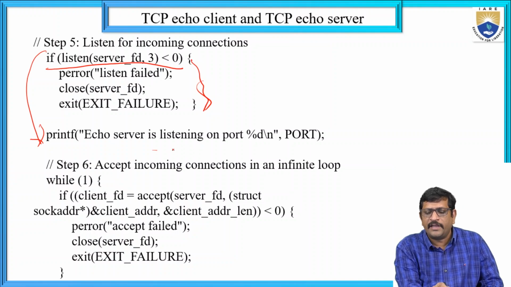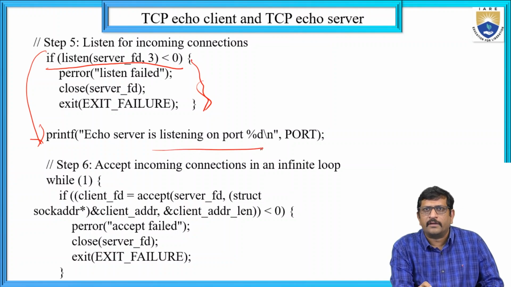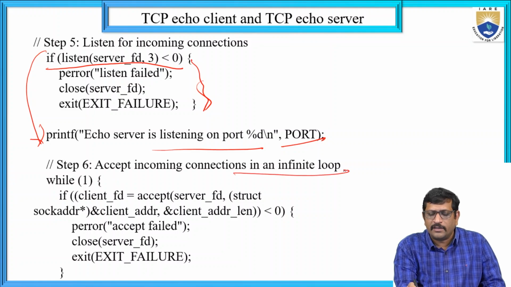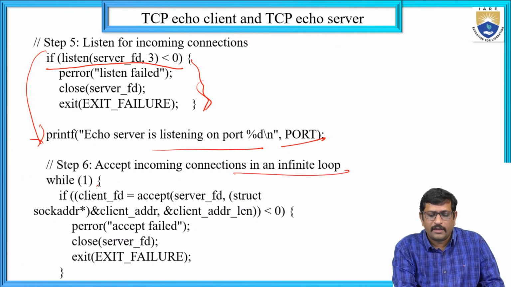Echo server is listening on the port, accepting and receiving messages with the help of the port number, accepting incoming connections in an infinite loop. Here is while 1: client FD is accept with server FD, the socket address structure pointer for the client address, and the client address length.